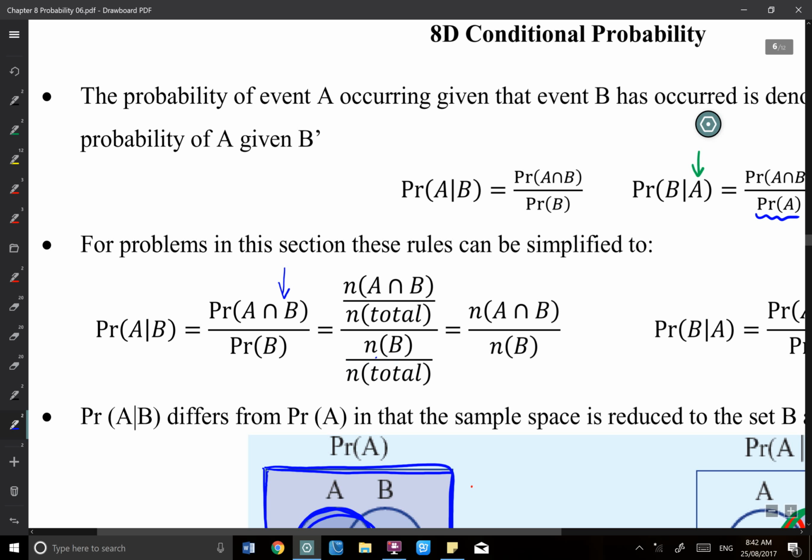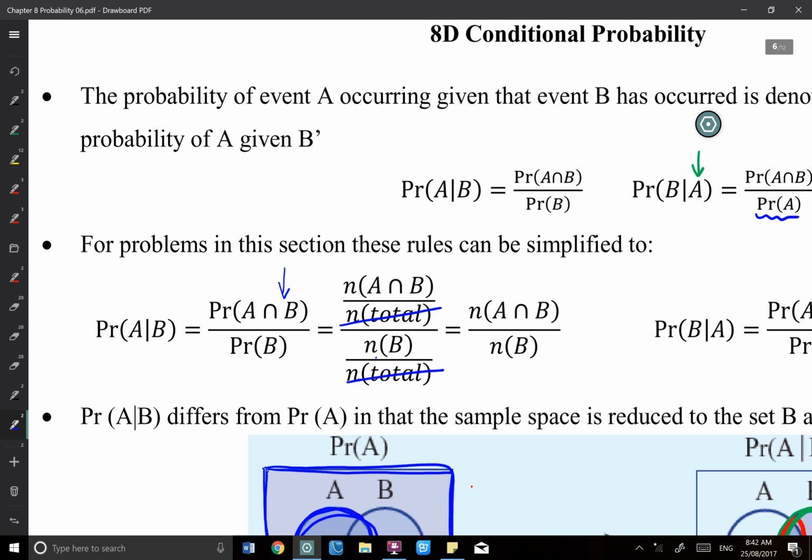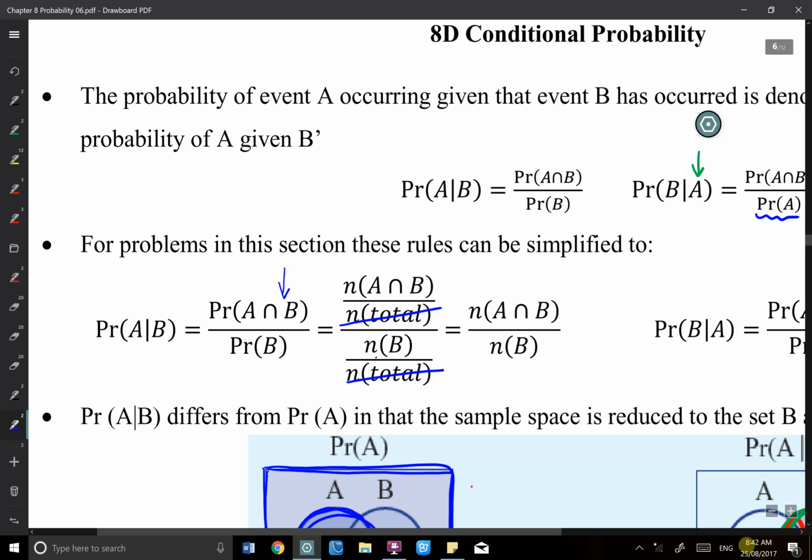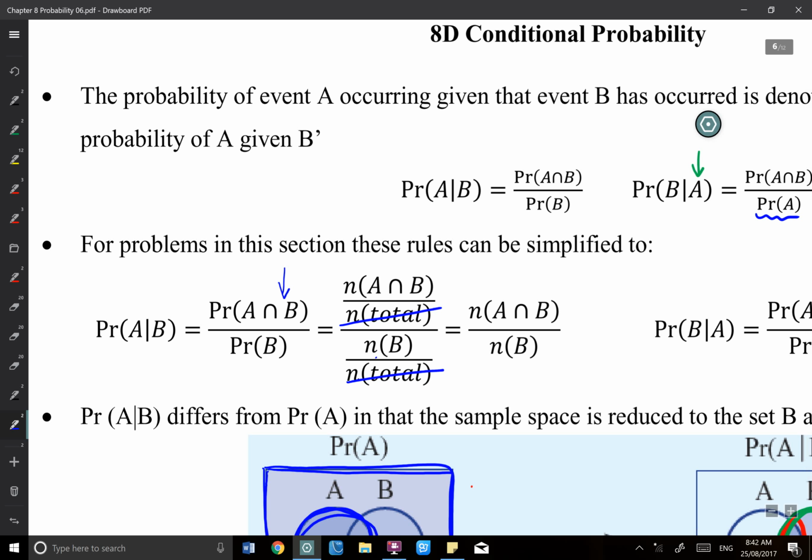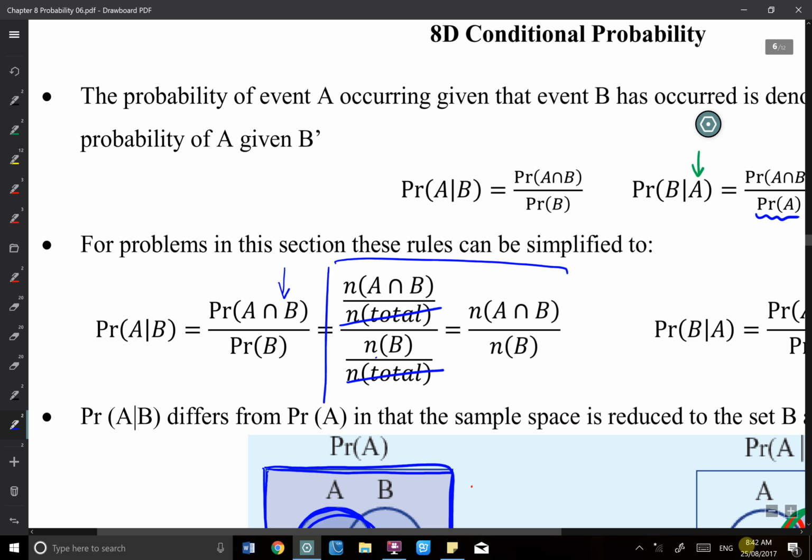If we multiply by the number of total on both top and bottom, we can reduce that into the number in A intersect B divided by the number in B. This is only true when it's equally likely events.